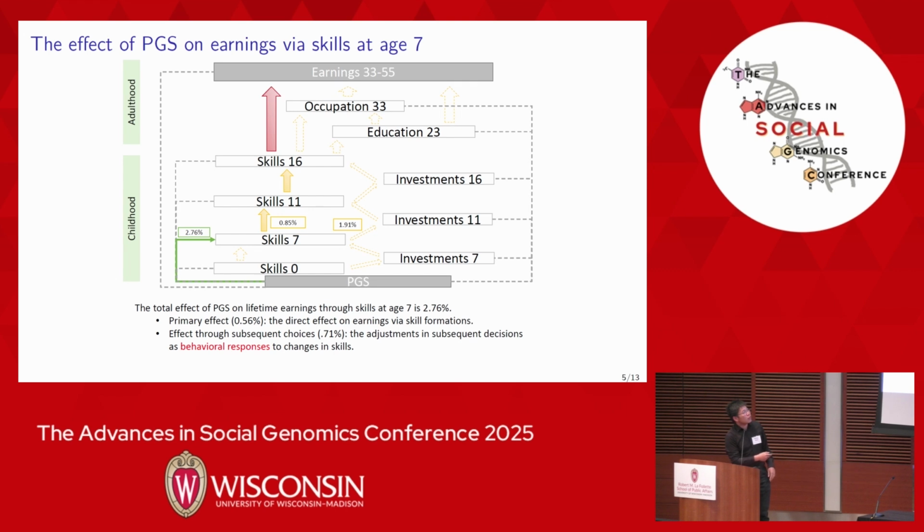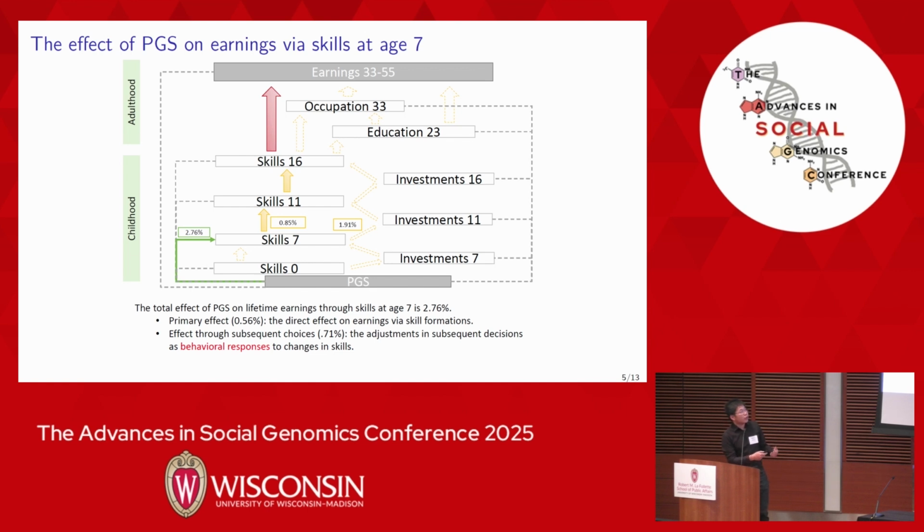The first one is mechanical or biological: when your skills at age 7 become different due to the change in polygenic scores, this will also shift your later skill levels, and that will have a direct or more primary impact on earnings. For this we use the solid arrows to show the mechanism.